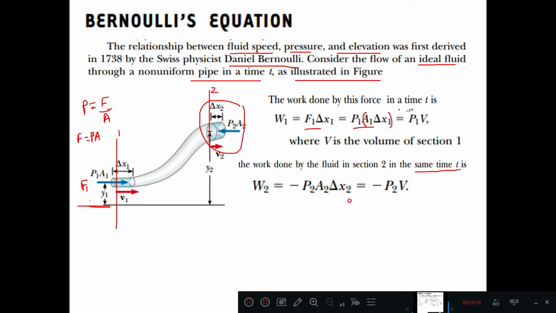Now the volume that passes through section 1 in a time t equals the volume that passes through section 2 in the same time. Whatever volume of liquid passes through section 1 in time t will be the same as the volume of water passing through section 2.